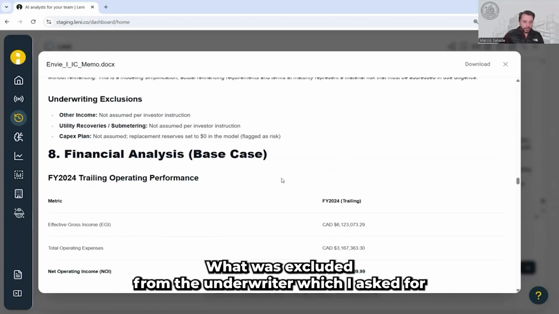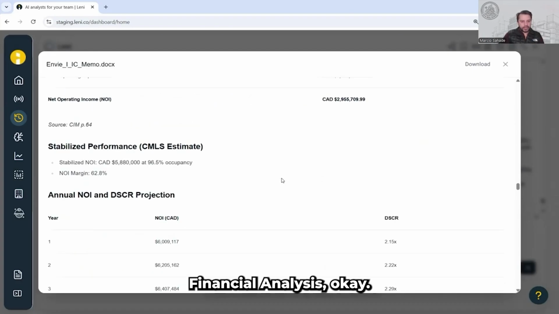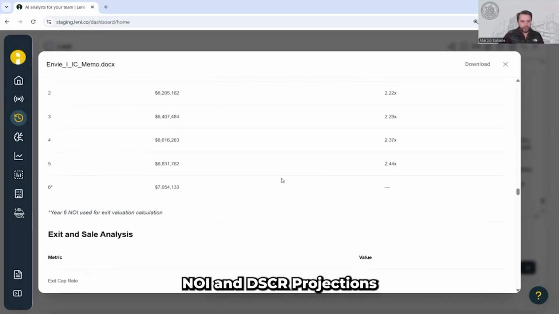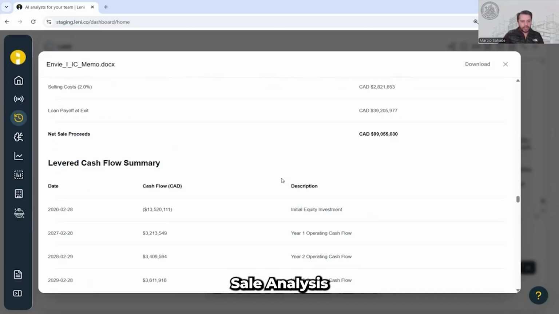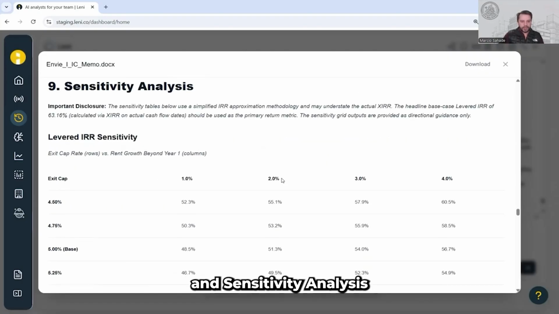Okay, what was excluded from the underwriting, which I asked for, financial analysis, NOI, the SCR projections, exit analysis, levered cash flow, base case returns, and sensitivity analysis.